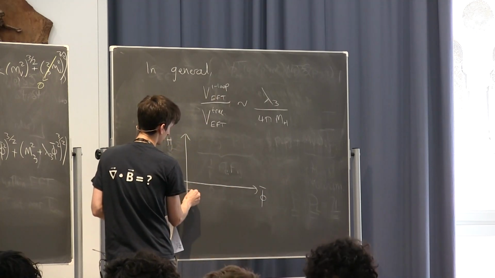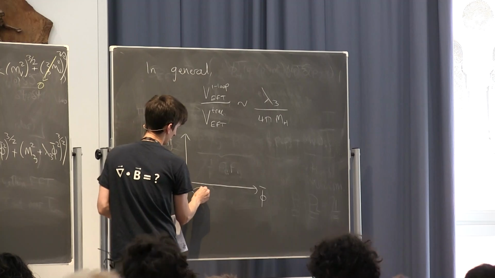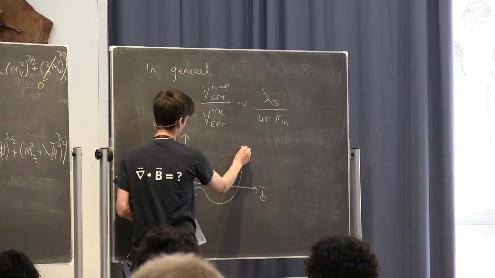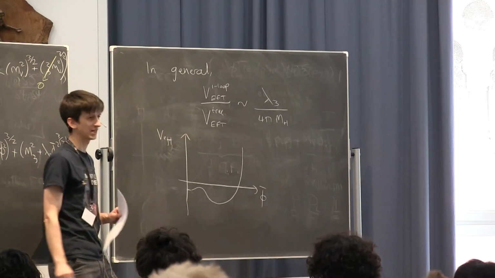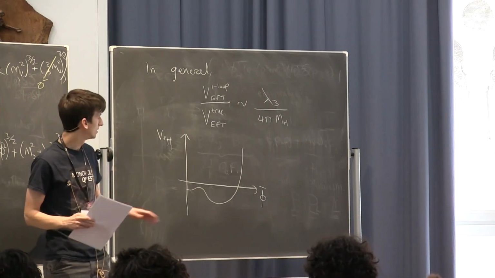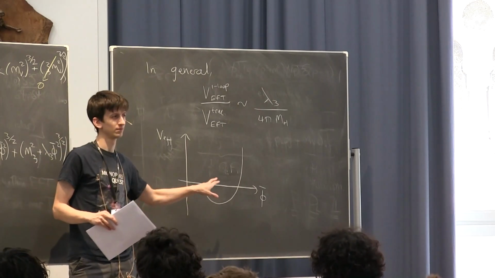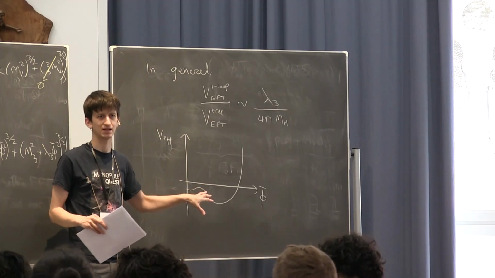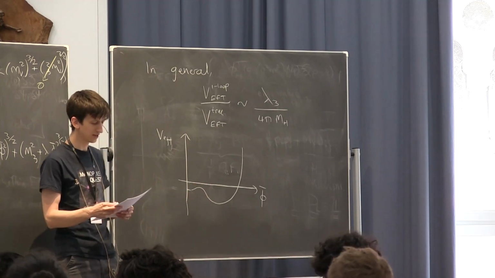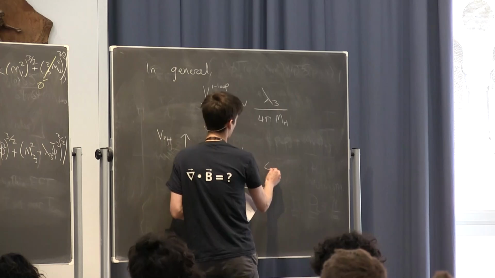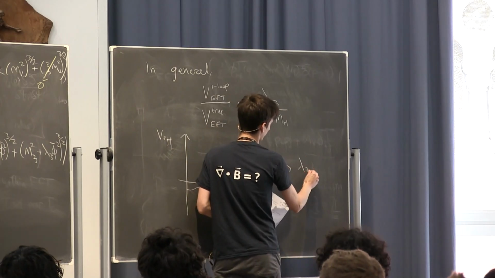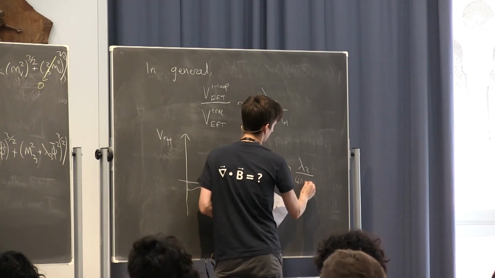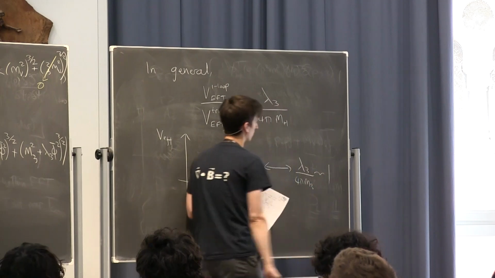One can find a situation where the potential looks like this, and it looks like you have two minima. So we have a rather different setup than before, potentially a first order phase transition. But to get something like this, you find that you need this to be about 1.